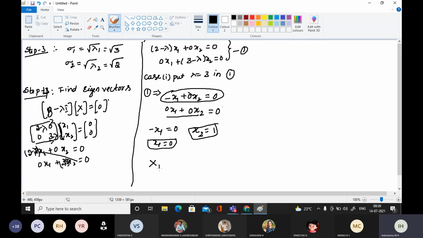Therefore, our eigenvector x1 is (0, 1). Is it clear? The second equation is not existing. From the first equation, I got only one value for x1. I will tell you what we discussed in the first semester: unique solution, infinite solution. Did you remember?